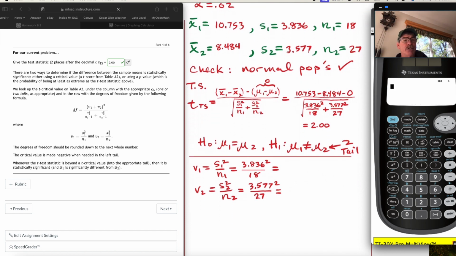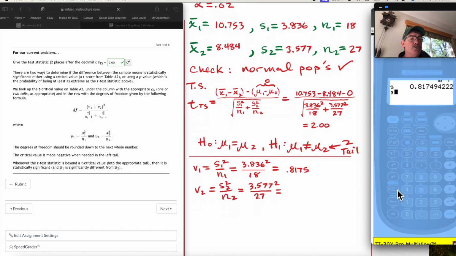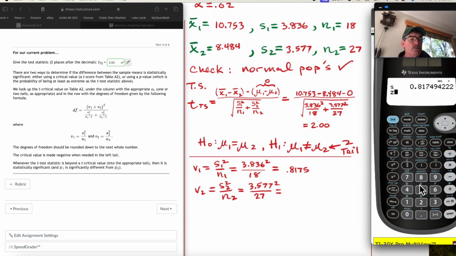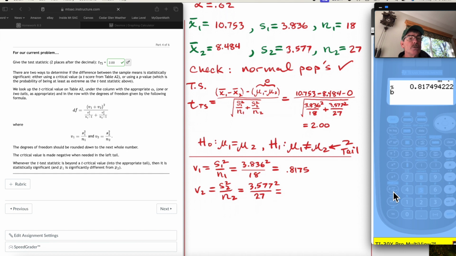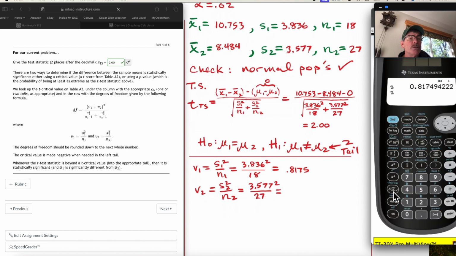I guess I could have gotten those values. It doesn't really matter, but just for the notes, I'm going to write this down. 0.8175 for V1. And for Y, that's our V2. There's Y. Okay, 0.4739. Just putting it down.